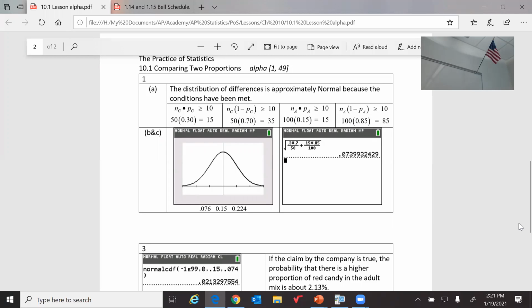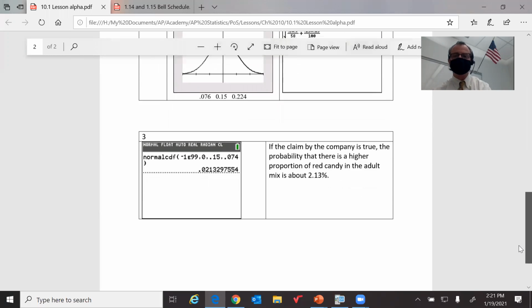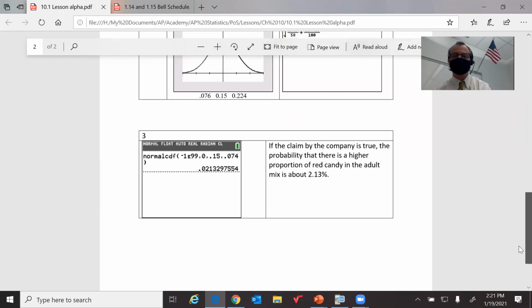Now the question in B says, what's the probability that the adult candy has more red? Well, the adult candy having more red would be 0 over here in this picture and everything to the left, because this 15% represents the child candy has more reds.